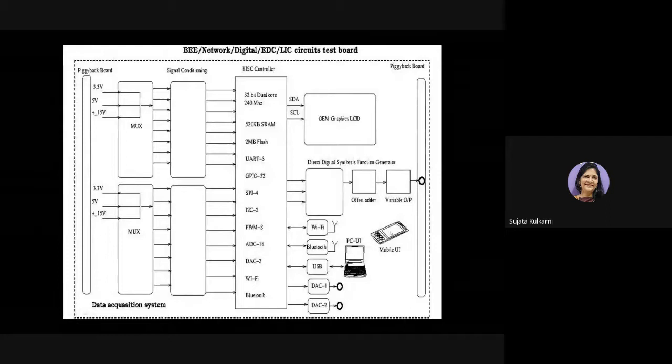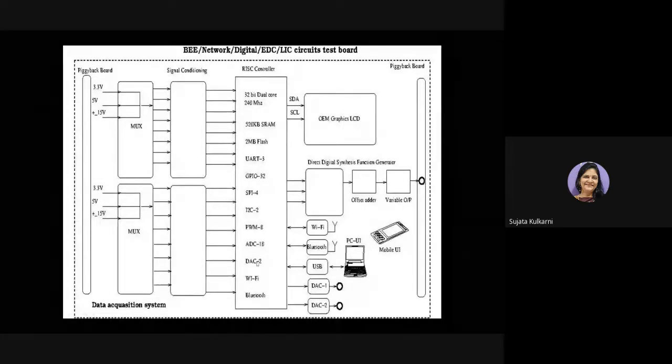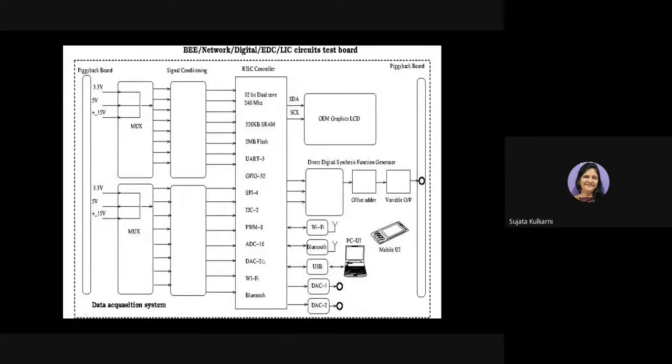Otherwise, the baseboard consists of a RISC controller, which, as I already explained, has a 32-bit core with the listed peripherals like an 18-channel ADC, 2 channels of DAC, PWM, communication peripherals, the GPIOs, types of memory, and communication like Wi-Fi and Bluetooth. So we would like to have these many features as part of the computational unit.